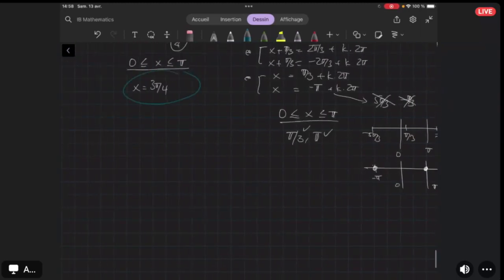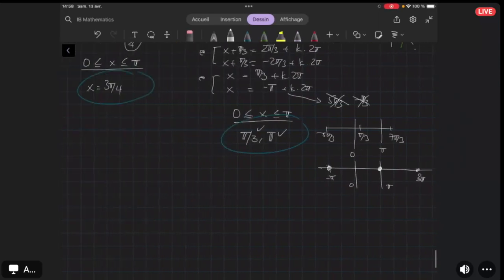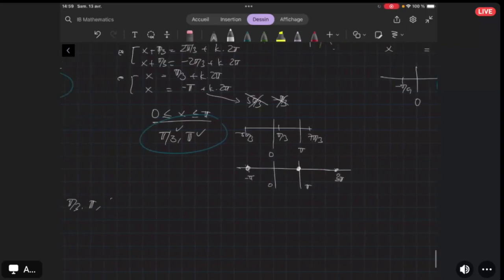Therefore, combining all the solutions we have, the first equation yields 3 pi over 4. The second equation yields pi over 3 and pi. The third equation yields 2 pi over 9, 5 pi over 9, and 8 pi over 9. So those are all the solutions.